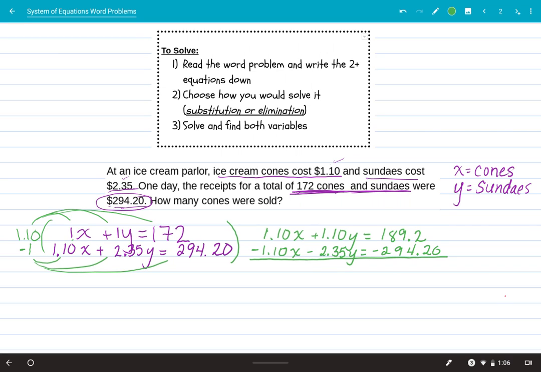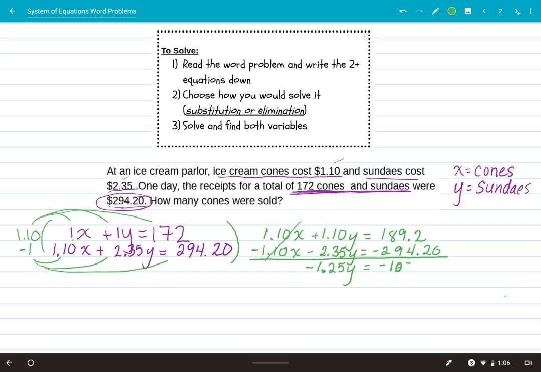And now we're going to add down. And we know that 1.10 minus 1.10 crosses off, so we can cross that off. And if you want to, use your calculators. 1.10 minus $2.35 will give me -$1.25, or -1.25y equals, and then doing the same thing with what ours is, 189.2 minus 294.2 gives me -$105.